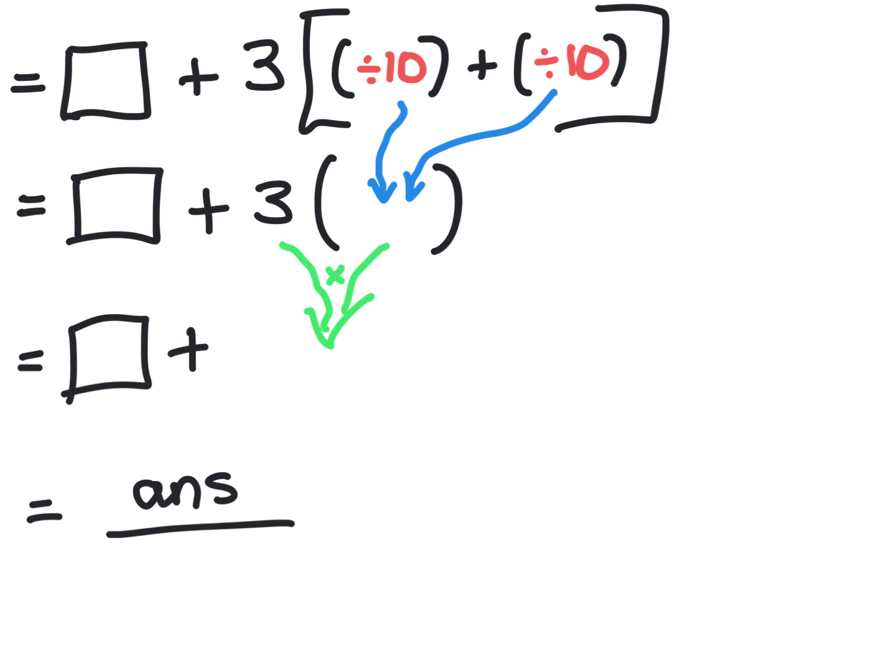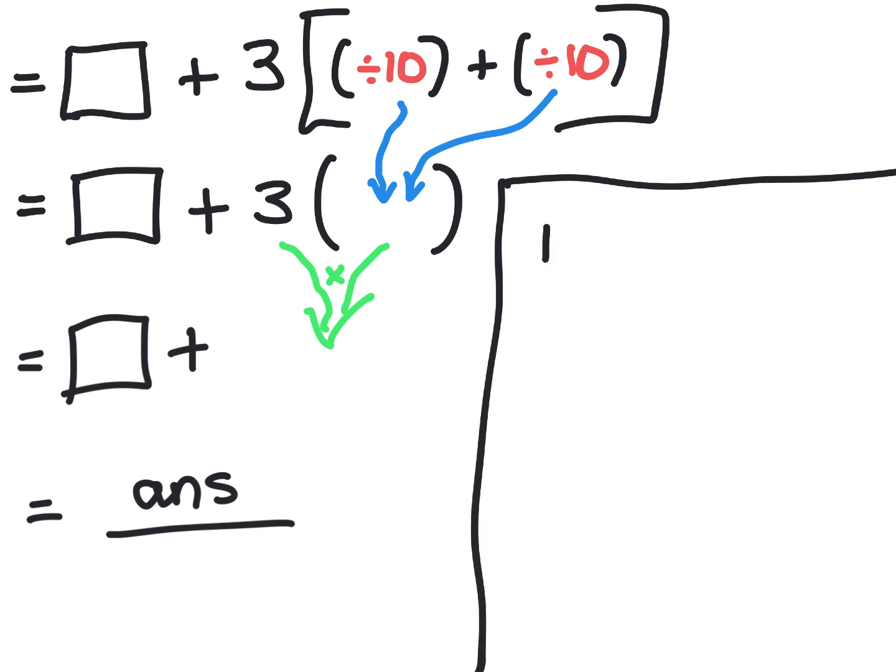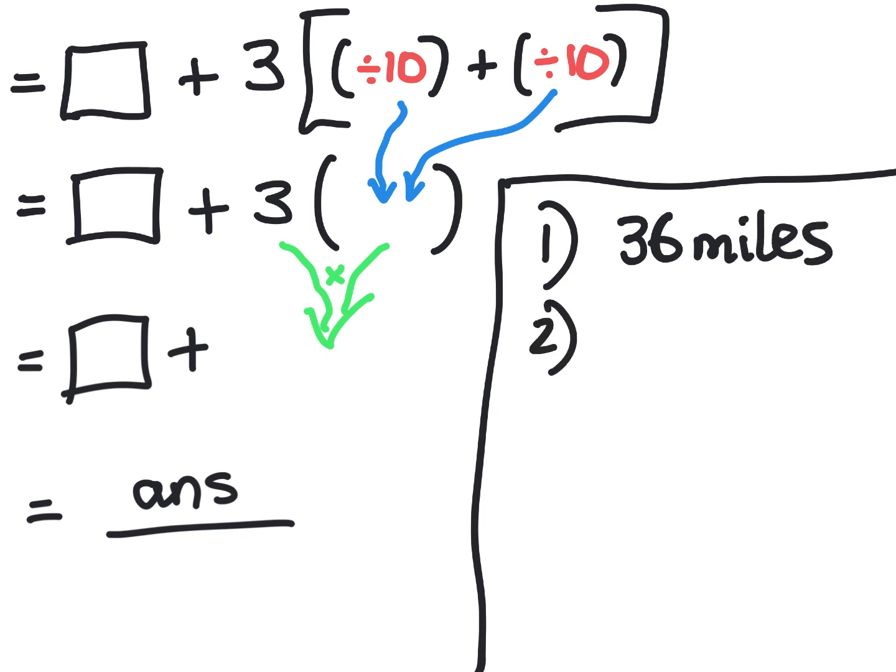Okay? So with that in mind, let's do some questions. We'll do some questions over here. Let's make a little box. Number 1, 36 miles. Tell me how many kilometres that is. 2, 19 miles.